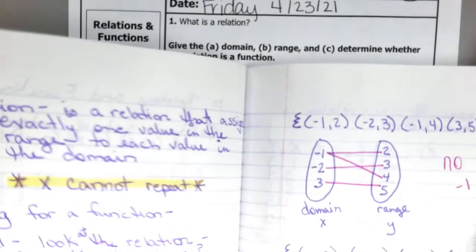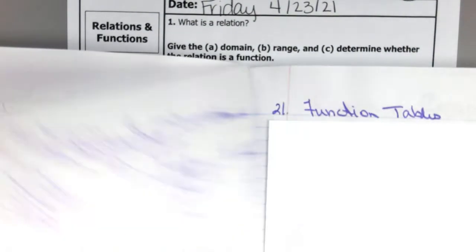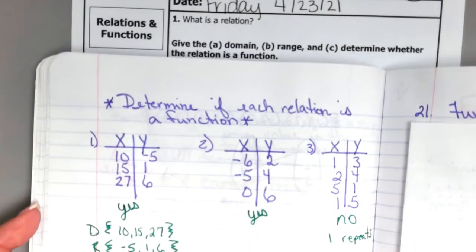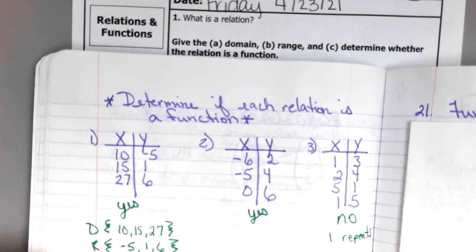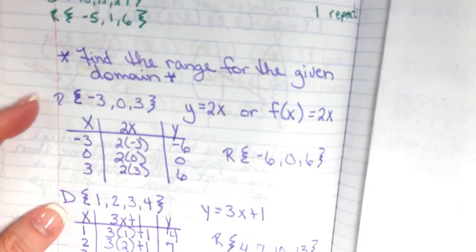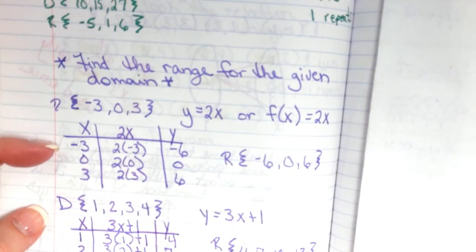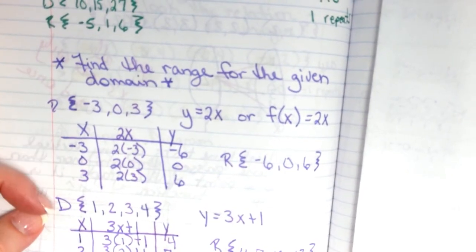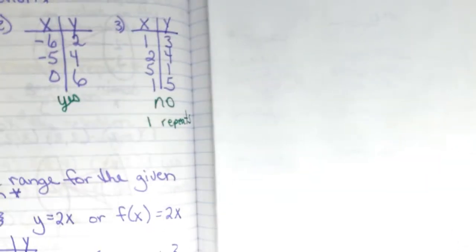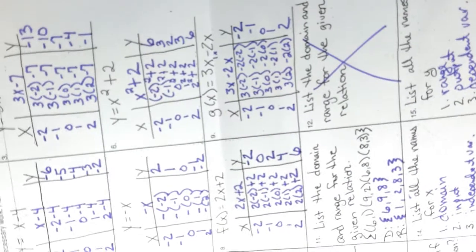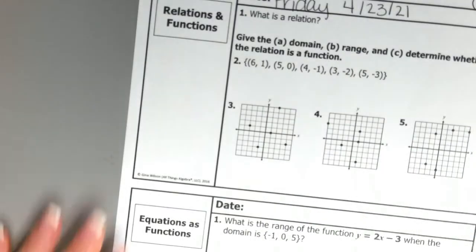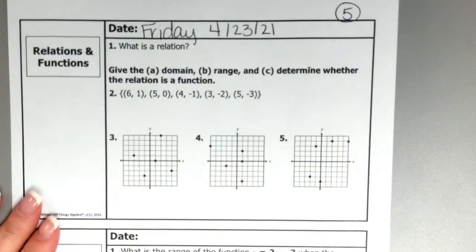We talked about different ways to test for it. We even filled out tables, checking to see if a table was a function or not. That's also on this sheet. We talked about finding the range for the given domain, which is also on this handout. And then you also have a whole page of function tables. So you have plenty of resources in your journal.